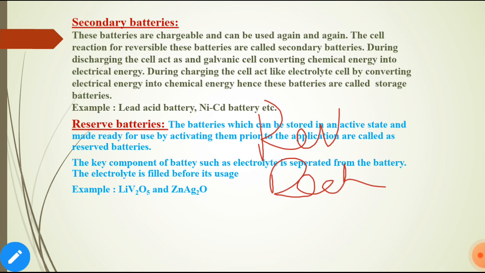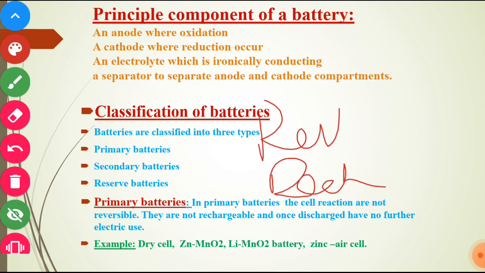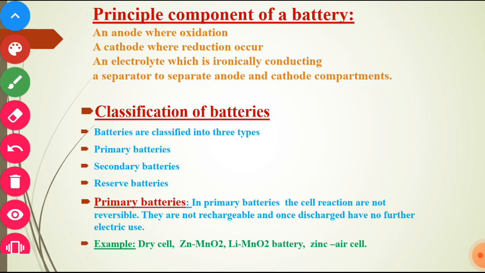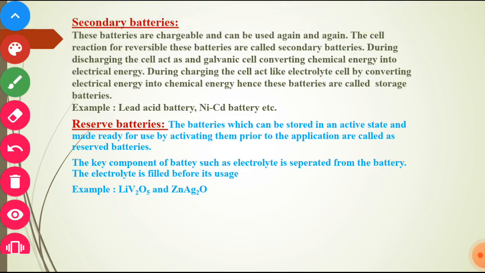In primary batteries, once discharged there is no further use, whereas in secondary batteries the cell reaction is reversible and they can be used again and again.